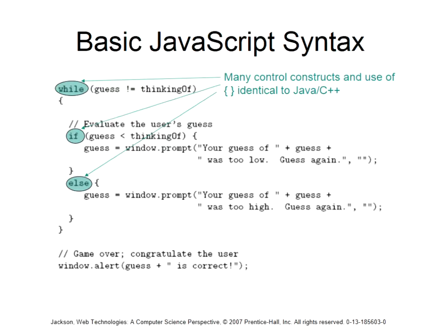So JavaScript offers many control constructs and use of braces identical to Java or C++. For example, here when I write while, after that this is the begin of this loop, and this one is the end.